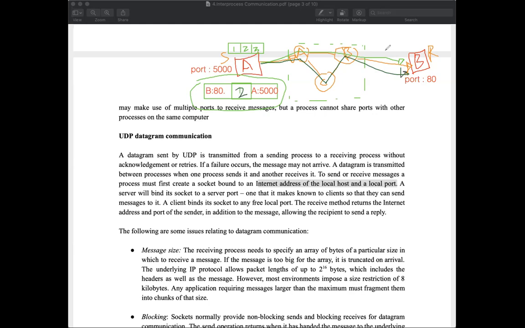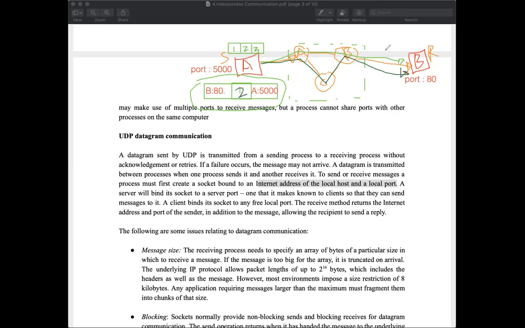Basically, it attaches the destination information and the sender's information and lets the network handle the routing part itself. The datagram itself finds the path to the destination.